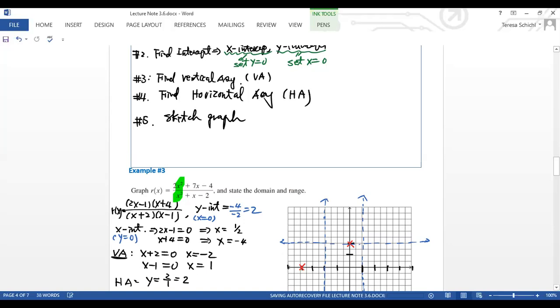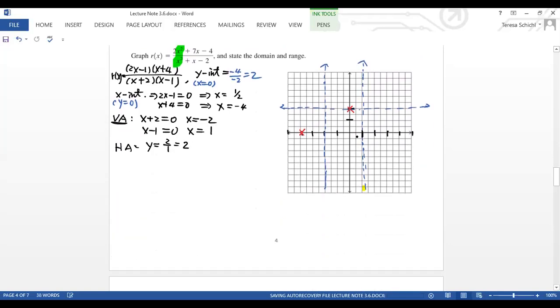I need to know which one, so I know my function is going to cross those intercepts. I have this intercept 1/2, and I have this intercept -4.